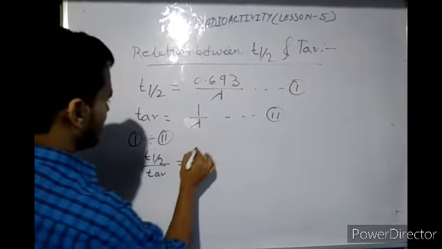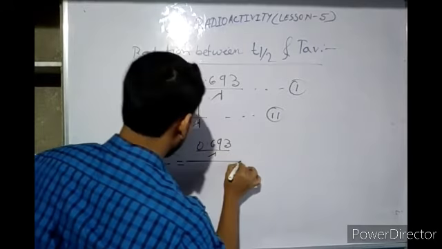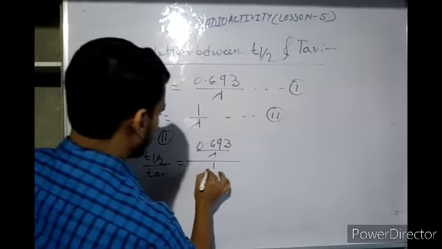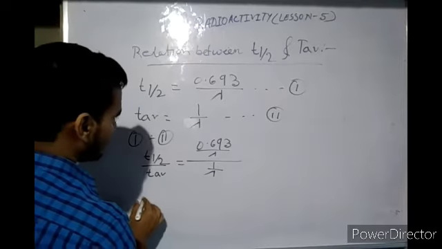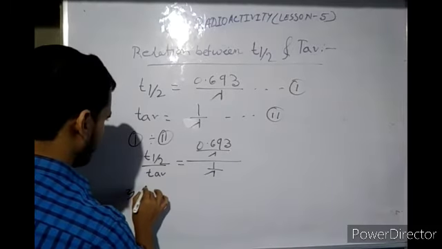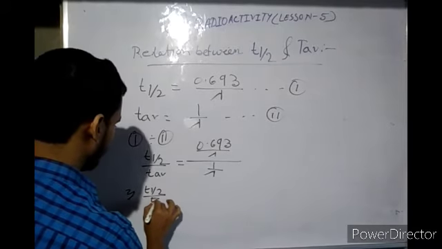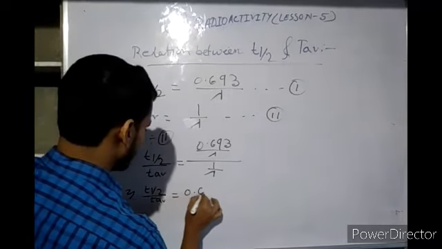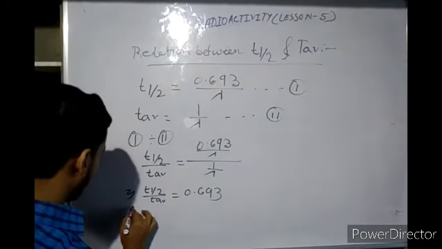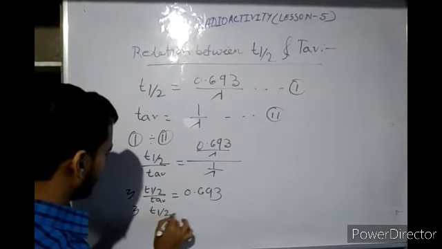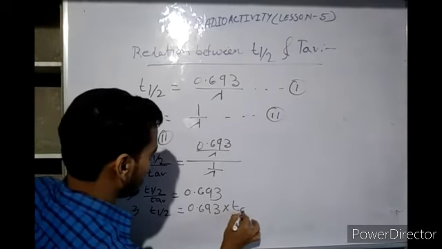Then 0.693 by lambda divided by 1 by lambda, then lambda is cancelled, so T half by T average equals 0.693, or T half equals 0.693 into T average.